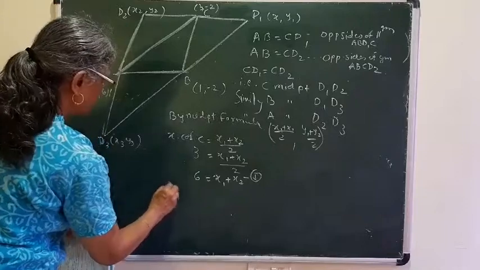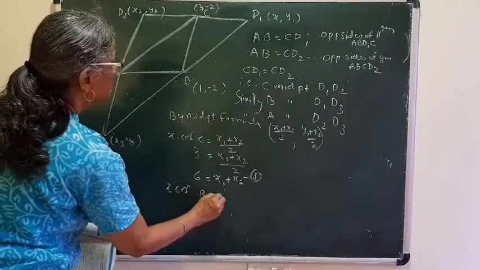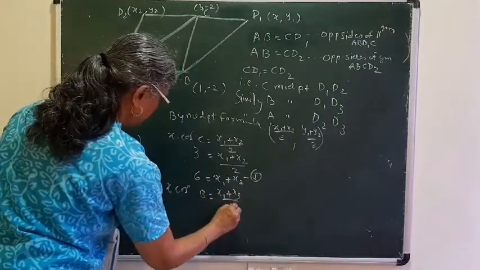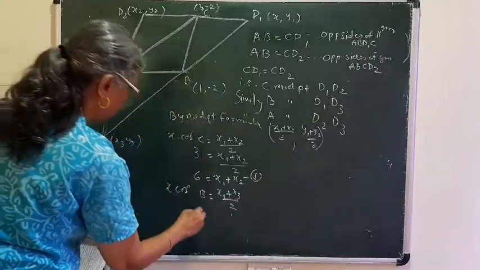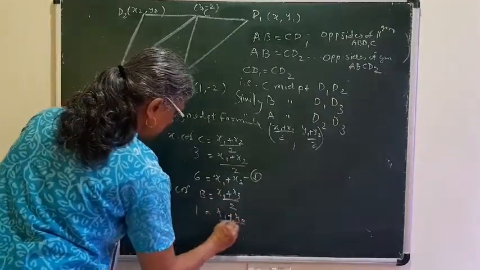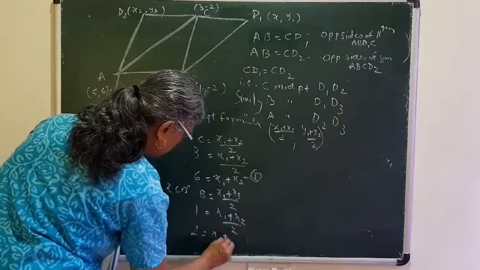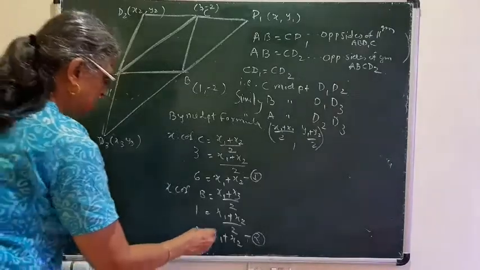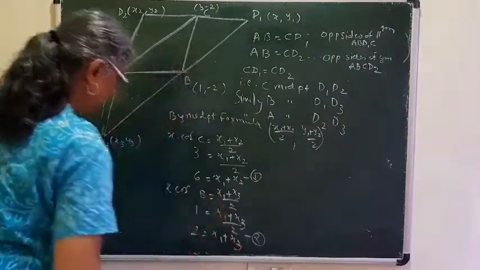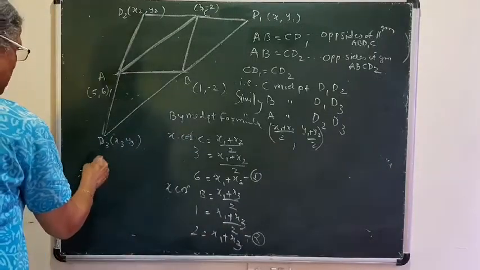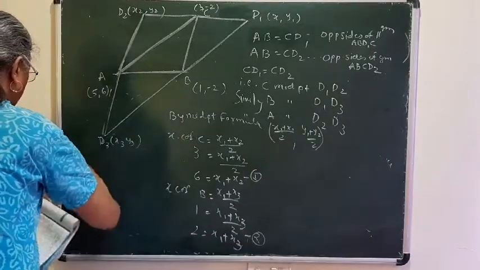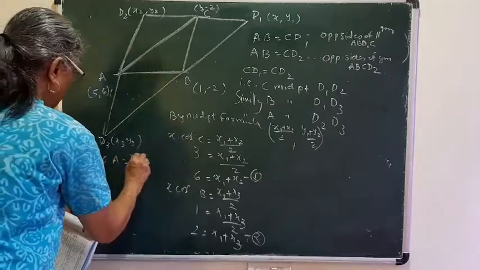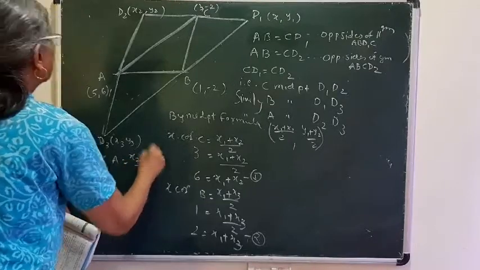Similarly, x coordinate of B is equal to x1 plus x3 by 2. So x coordinate of B is 1. So 2 is equal to x1 plus x3. So that is your second one. Then third I will write over here. x coordinate of A is equal to x2 plus x3 by 2. So it is 5.